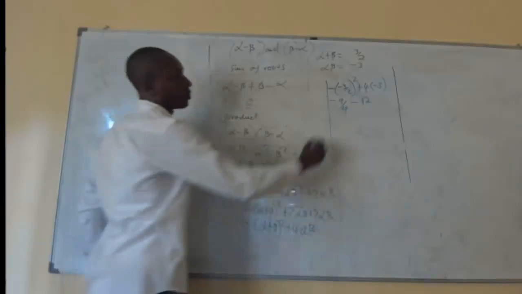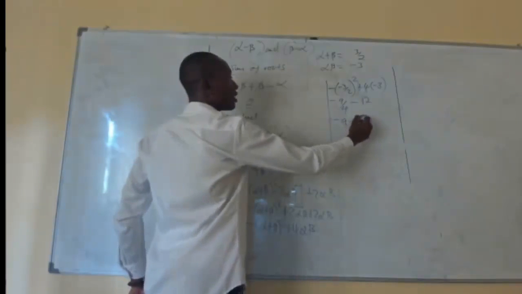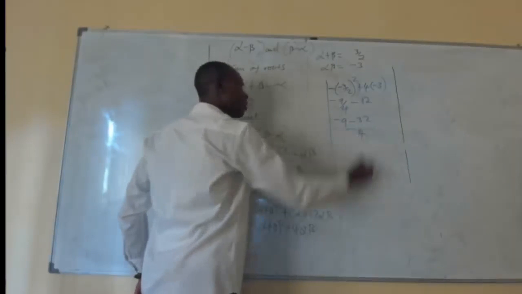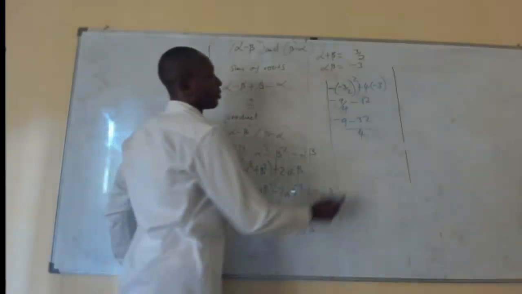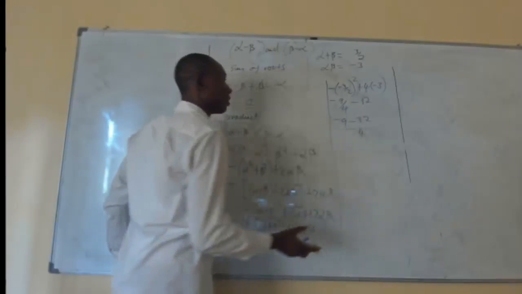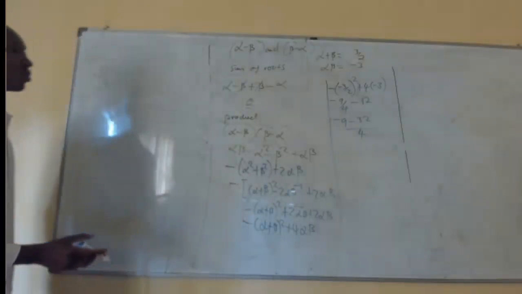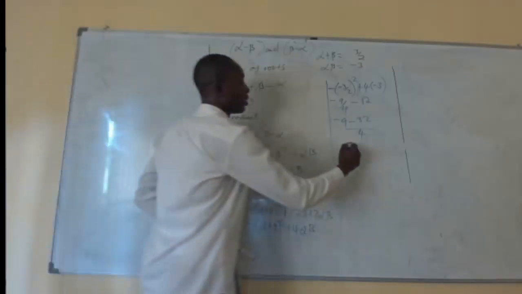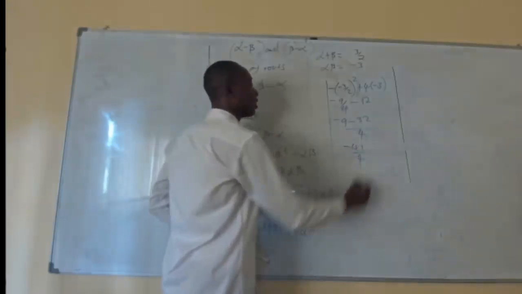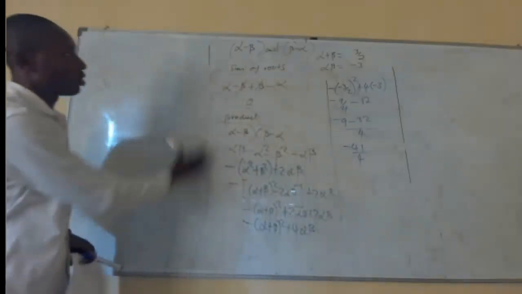Okay, so this is now negative 9 minus 48 over 4, which we know is going to be negative 57 over 4... yes, 41. So negative 41 over 4. So that is the product of these roots.